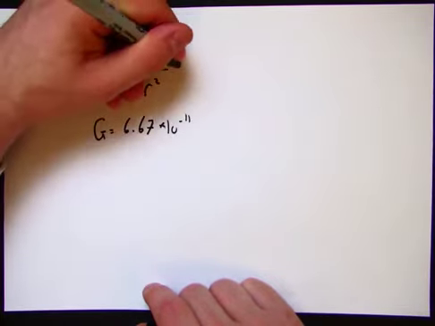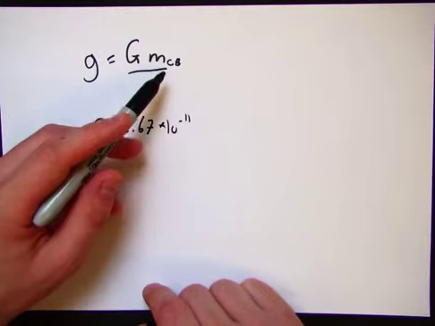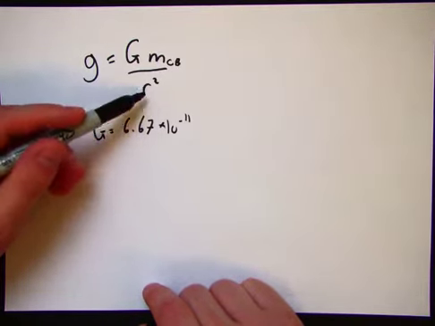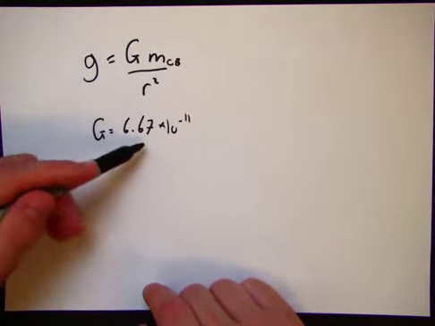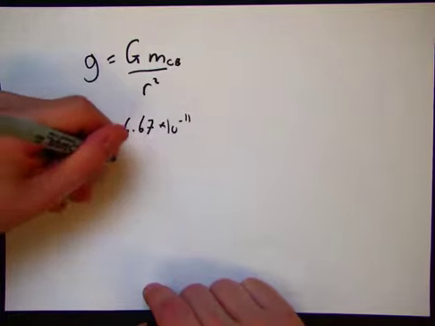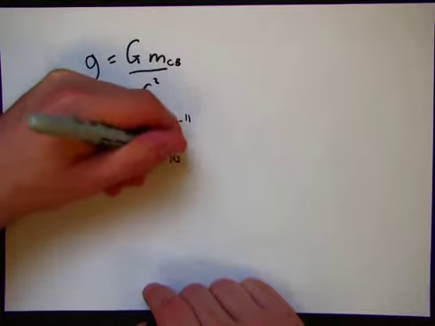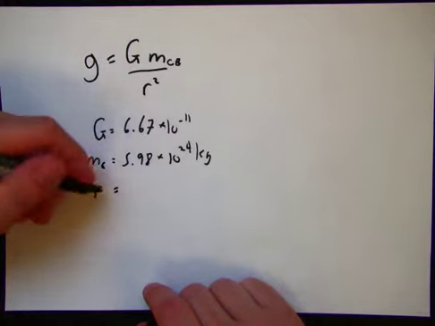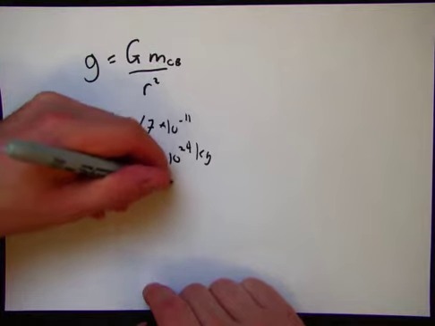I generally will write CB for center body just to differentiate that, so you know that this is the mass that we're actually in orbit around. And of course, because we're going to be talking about circular orbits, I'm using r, the distance from the center, instead of d, because it's generally a radius. Just so I can show you this, if this is 6.67 times 10 to the negative 11, and the mass of the Earth is actually 5.98 times 10 to the 24 kilograms, and the radius, the distance from the center to the surface of the planet, would be around 6 times 10 to the 6 meters.